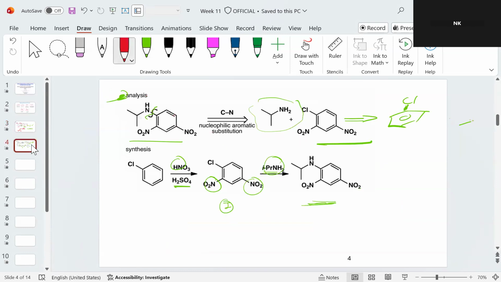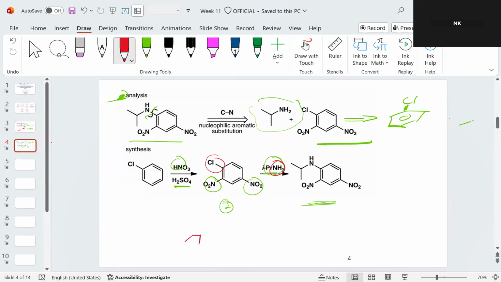Does anyone have any guess? We have the amine here and the chloro compound here. If you want to couple this amine to the chloro compound, you can use the Ullmann coupling or Buchwald coupling, and there are also other copper-catalyzed coupling reactions. So you can use those.